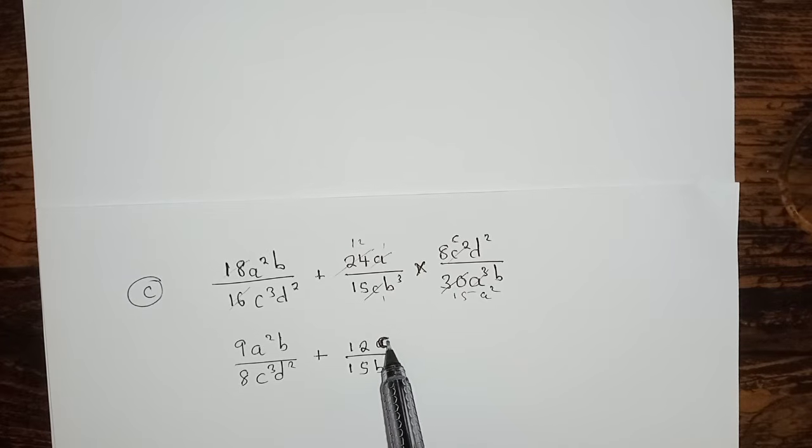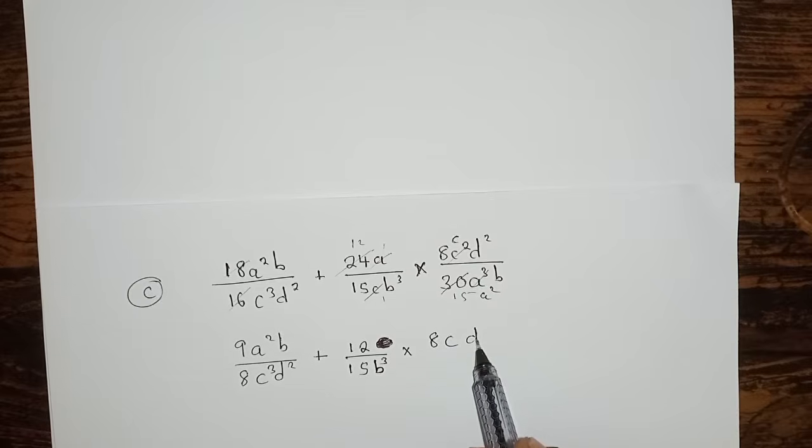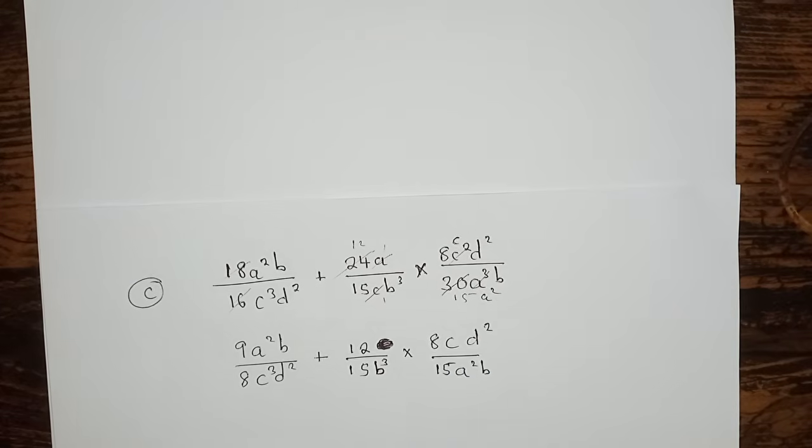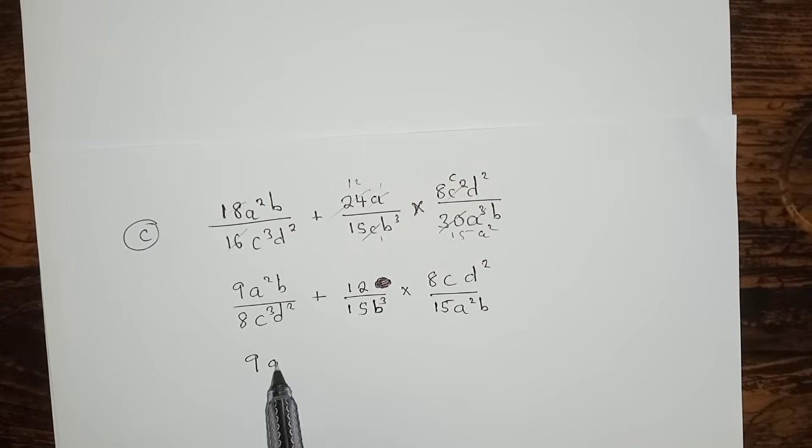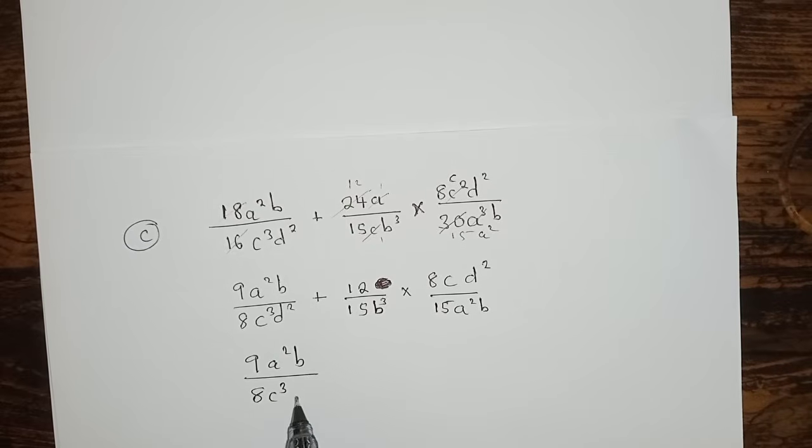B. Actually, this C was not supposed to be here. Okay, it has disappeared. Times 8. Here we have a C, D power 2. Over here we have 15 A squared B. Okay, so now we can copy what is here. We can copy plus.